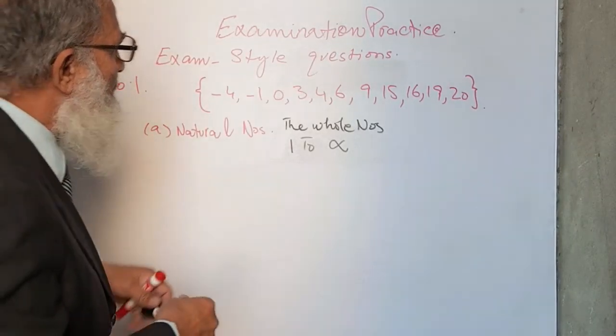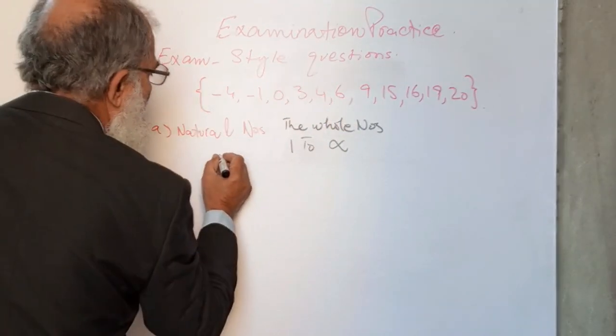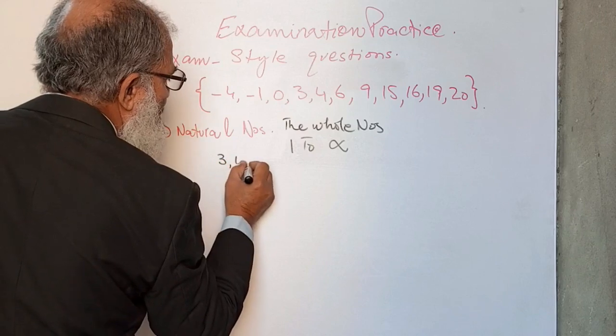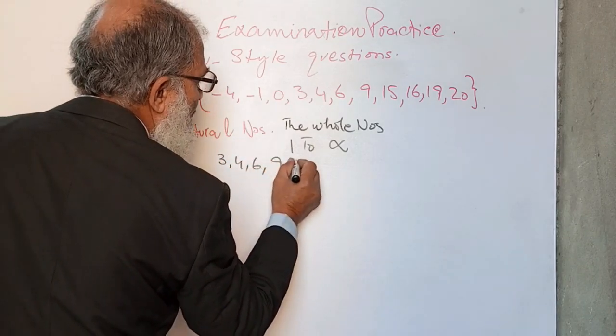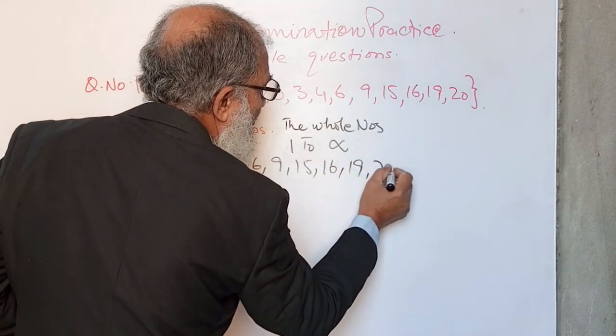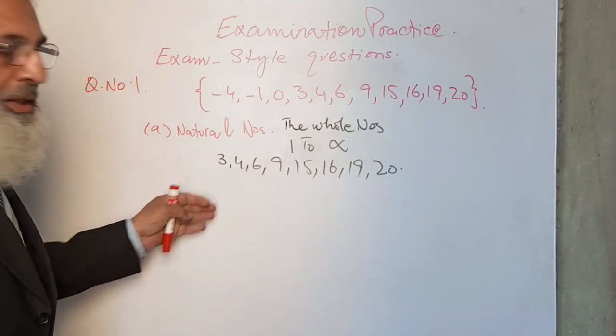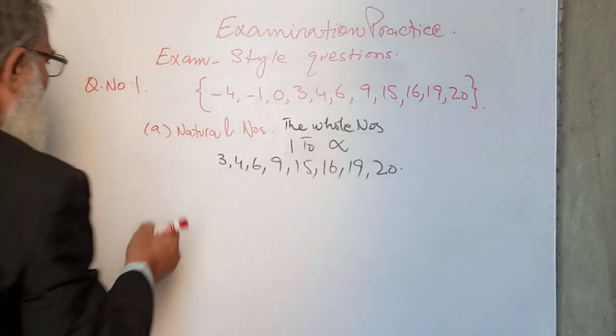So what are the natural numbers in our example? They are 3, 4, 6, 9, 15, 16, 19, and 20. So, end of part A.